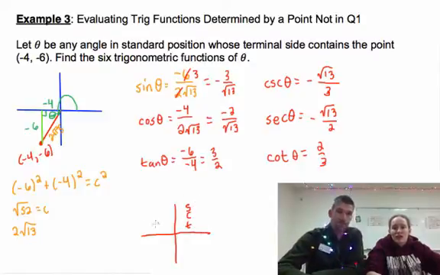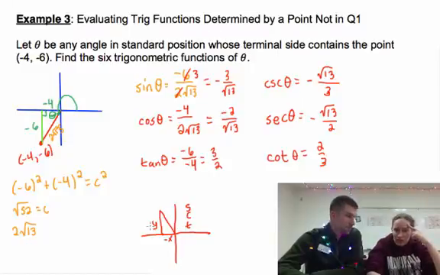Here in the second quadrant, if we think about what's going on with a triangle, we have a negative for our x and a positive for our y, for a point that's over here. So sine, which is y over our hypotenuse, will be positive.